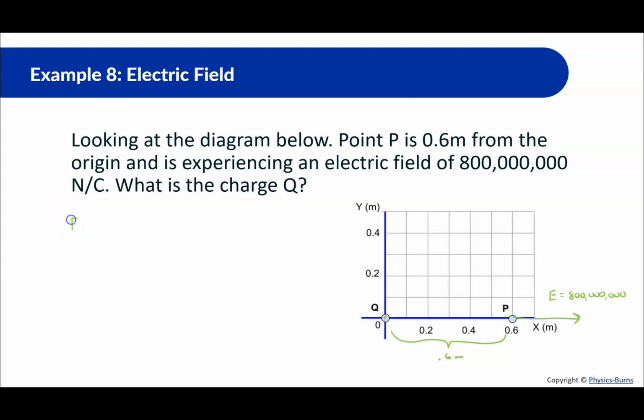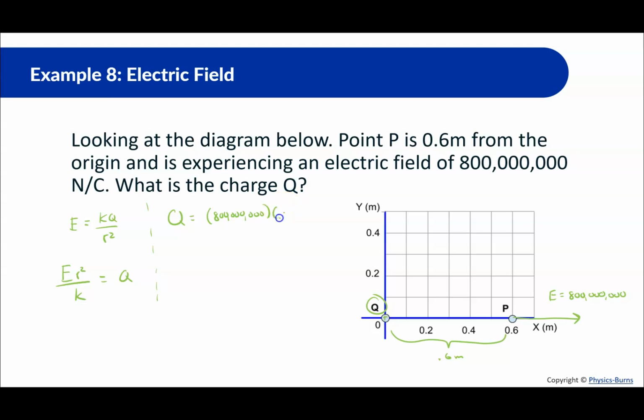What we have, electric field is equal to KQ divided by R squared. But what we want to do is figure out what Q is. So we're going to do some algebraic manipulation. I'm going to do E R squared divided by K is going to be equal to Q. So let's plug this all in. E is equal to 800 million.